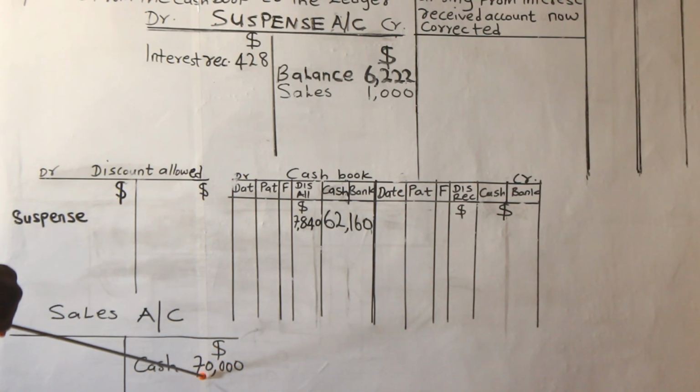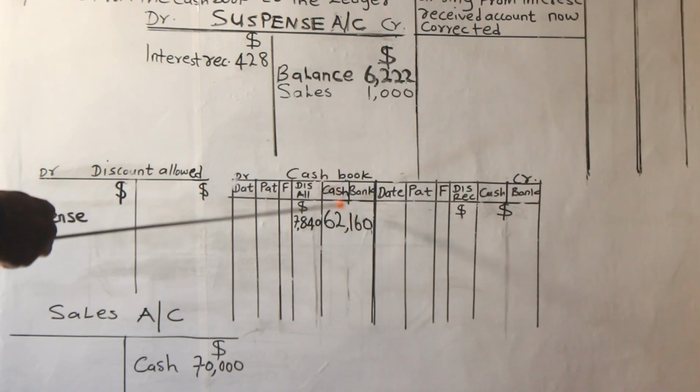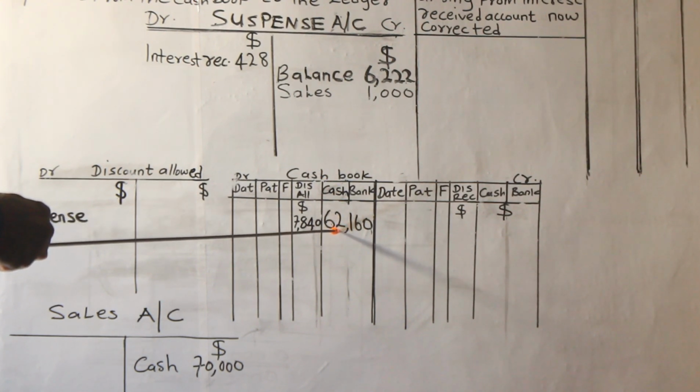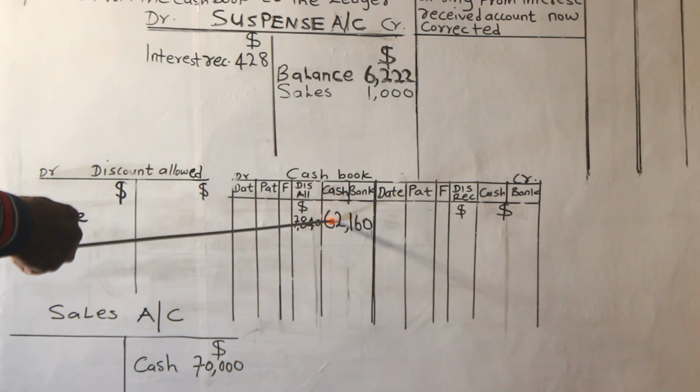Now, sales has been credited with 70,000 and it is cash or bank, for instance. What it means is that the destination of this money is the cash book. Therefore, if the cash book is open, the cash book will be debited with $70,000 since sales is the giver and the cashier or the cash book is the receiver of the cash.